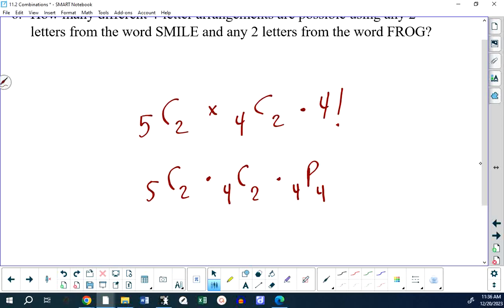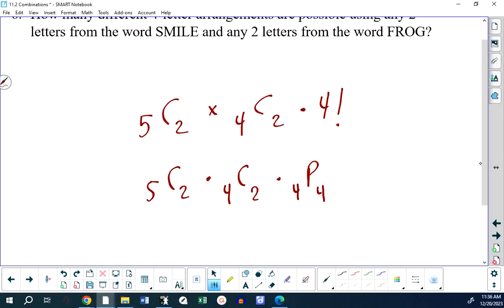So does 5 choose 2, 10, by the way? I don't think it is, but I don't know why I said 10. I just want to know just what 5 choose 2 is. It is 10. Okay. I don't know what it is, 1240? No, I'm wrong. What does it work out to?